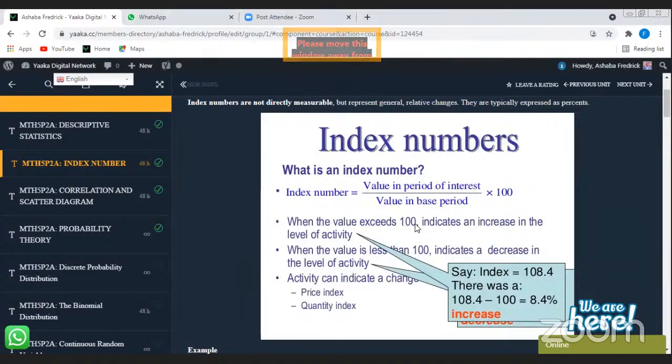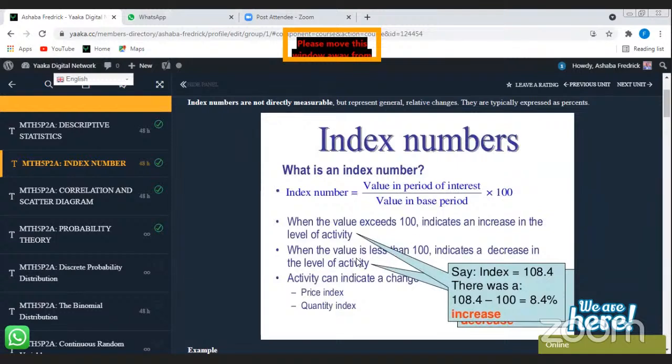So we give the base year an index of 100, and it is on that basis that we tell whether there was an increase or a reduction in the level of activity.